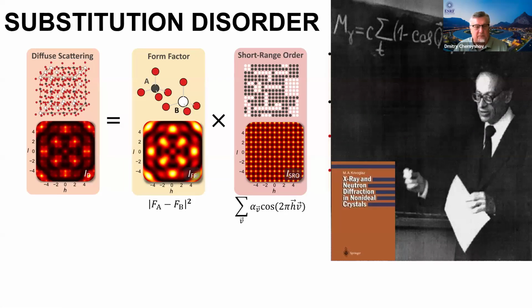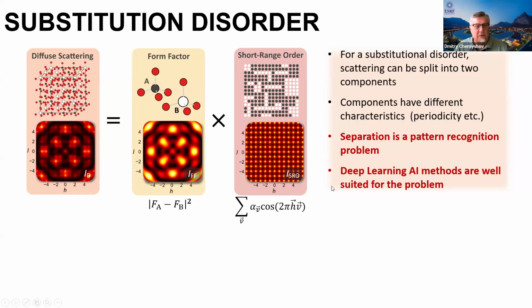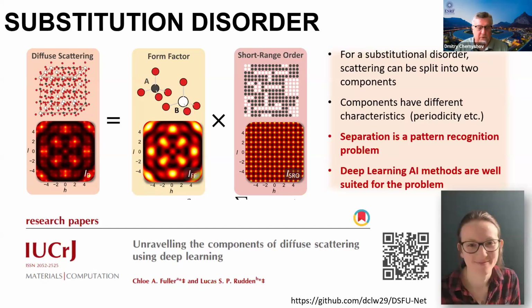But let's look at this problem from the modern point of view. These two components look very different, so the separation of their product can be seen as a pattern recognition problem. And deep learning, machine learning algorithms are actually quite good for this problem. This is exactly what was done by Chloe Fuller and Lucas Radden.